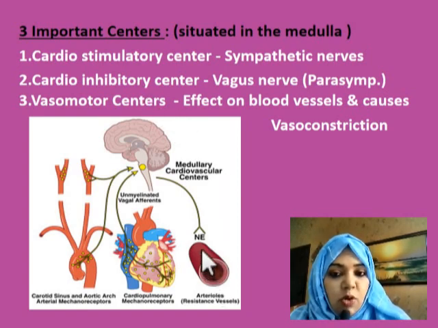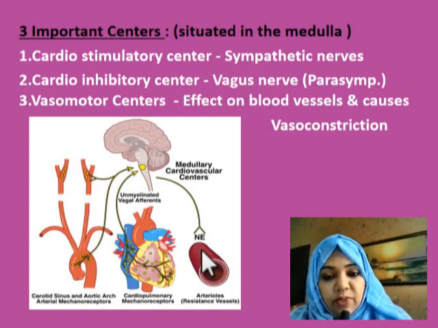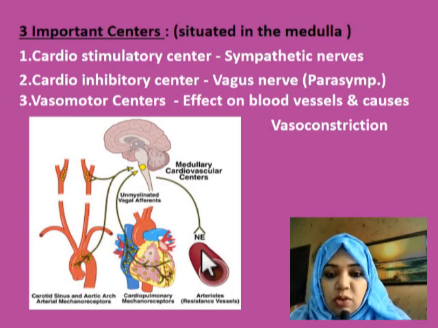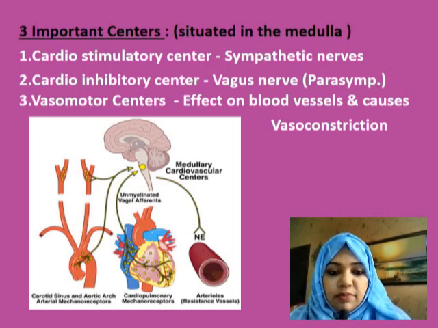It secretes norepinephrine, which is a powerful vasoconstrictor agent that causes vasoconstriction and thus increases the total peripheral resistance. So you know blood pressure is equal to cardiac output into total peripheral resistance. So if we can affect these two factors, cardiac output and total peripheral resistance, we can regulate our blood pressure.